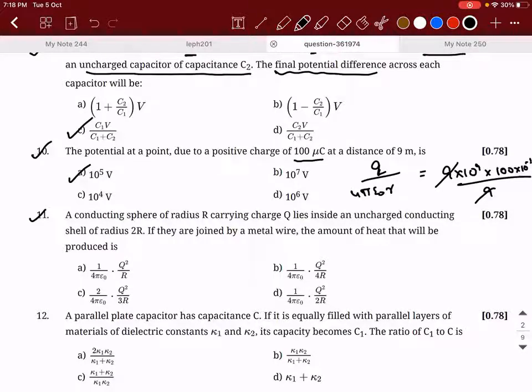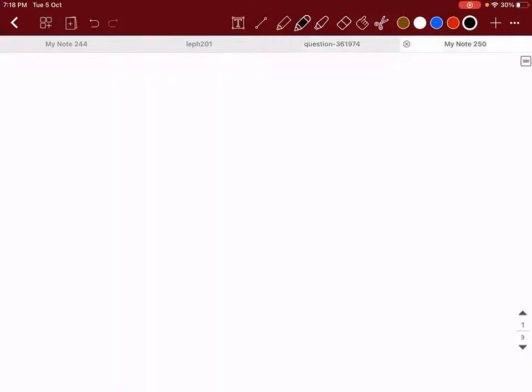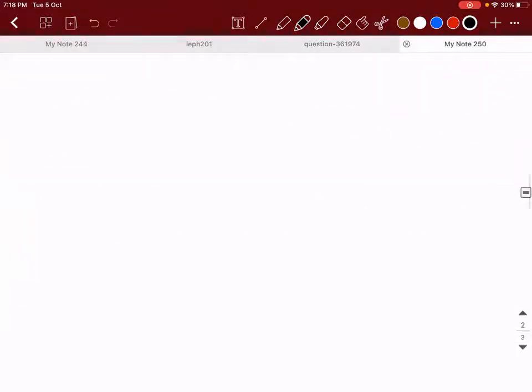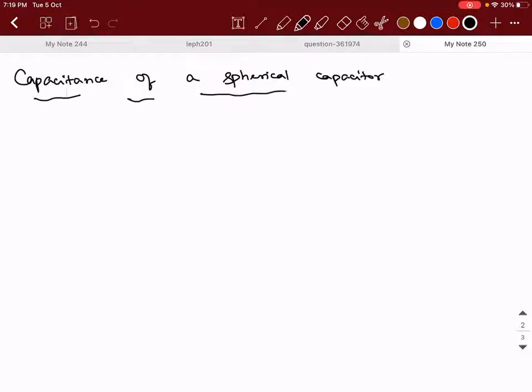No one? Listen. Please write down this concept: capacitance of a spherical capacitor. This is not given in your portions, but sometimes I've seen a question from this kind of conductor, so it's better to know.